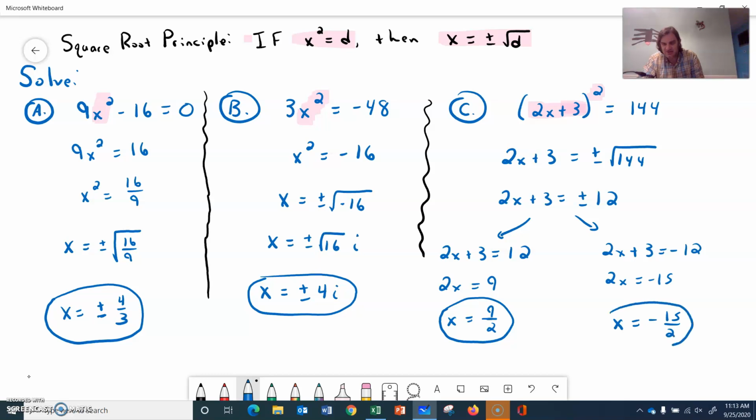Once again, we should be able to take that back to the top and verify it if we wanted to. Okay? But we solved all of these using the square root principle, which means we didn't use the quadratic formula. We didn't factor them. But we did have some very special situations here where we had an x squared and a number, or something squared and a number, and then we could get it by itself. All right.